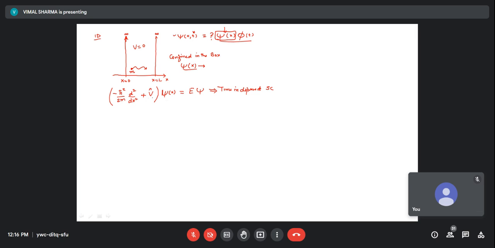So we can simplify this, and I can write this as d square psi by dx square plus, if I shift this to this side and do simple mathematics, 2m over h bar square (E minus V) psi equals to 0. This is the simplified version of this Schrodinger's equation.